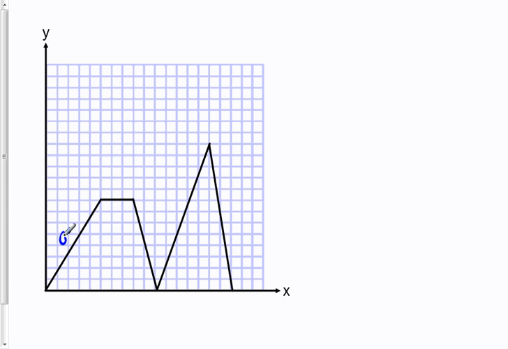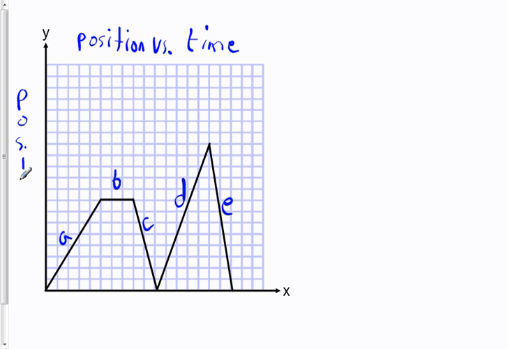We're going to say position A, position B, position C, position D, position E. Okay, and it's very important that we do a title here because otherwise we won't know what kind of graph it is. So position versus time on this one. Okay, and we're just going to list what each of these things mean.